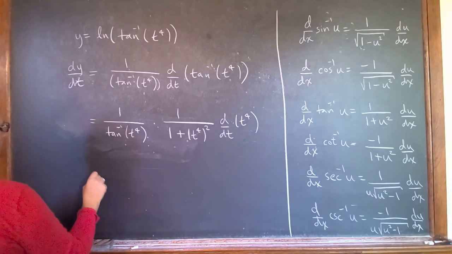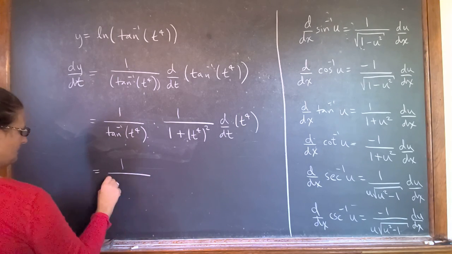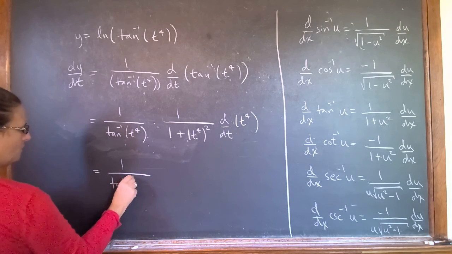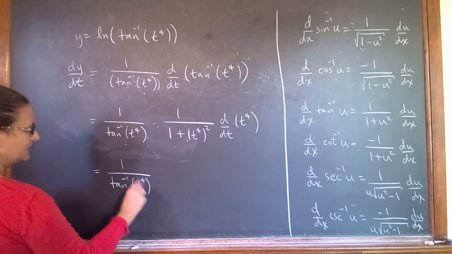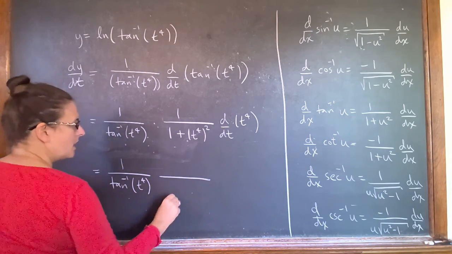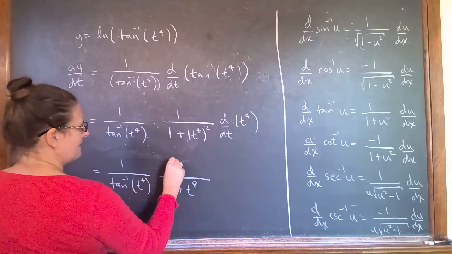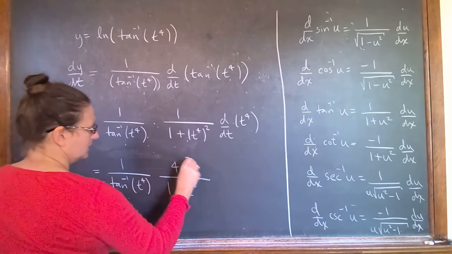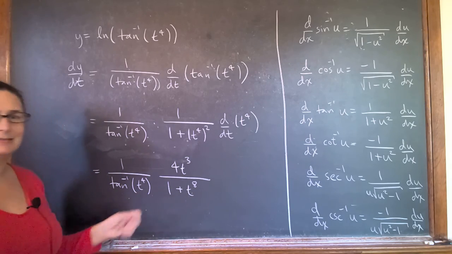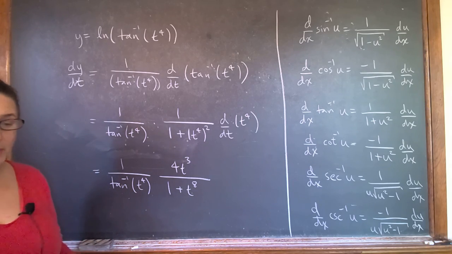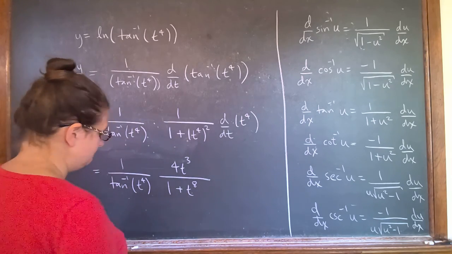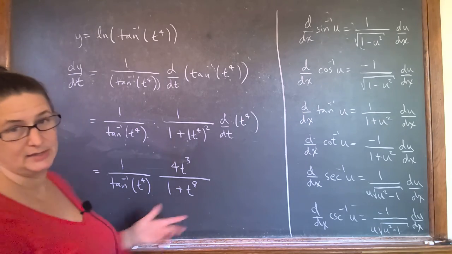So if I work this out all the way, I've got this here. My bottom is here, and then this would be 4t cubed up there. So that's the derivative. Okay. Let's do another one.